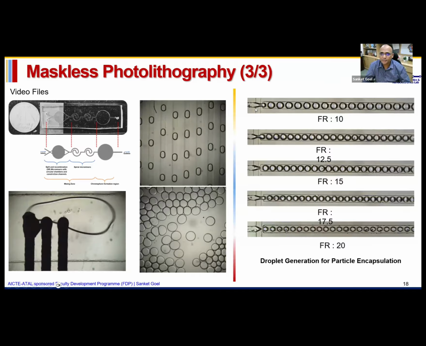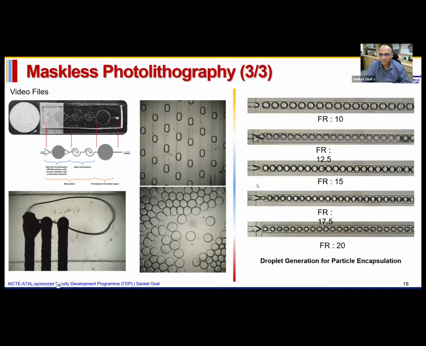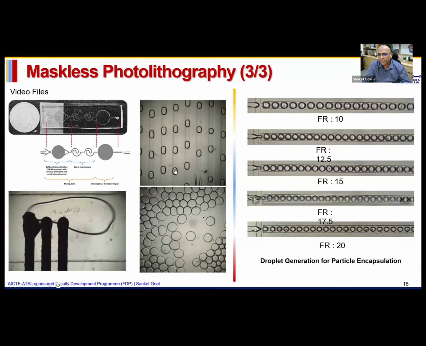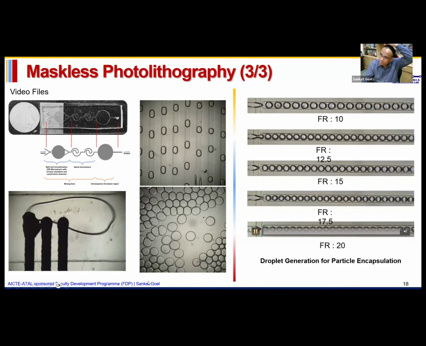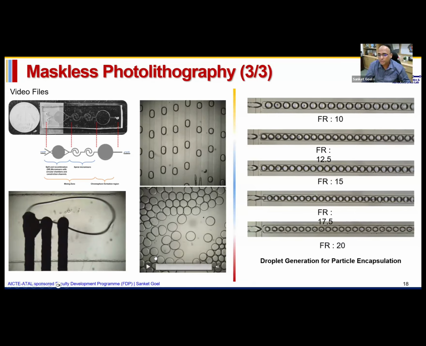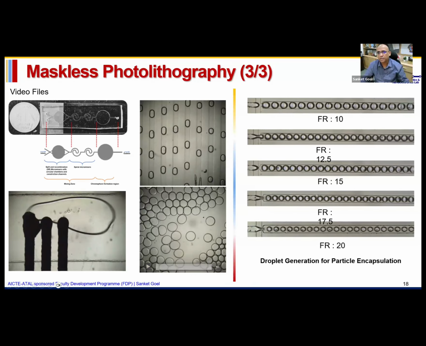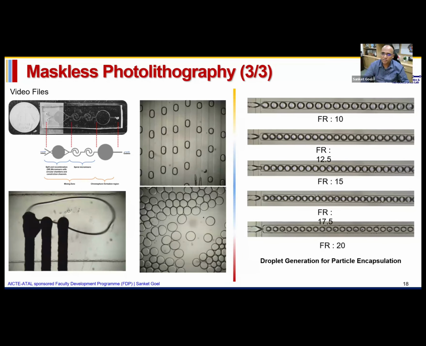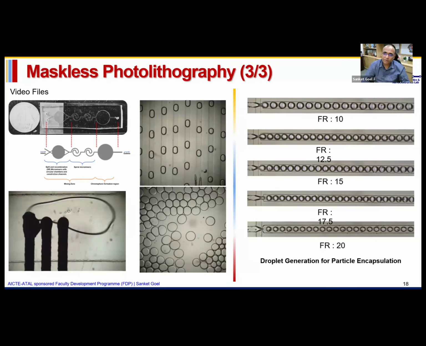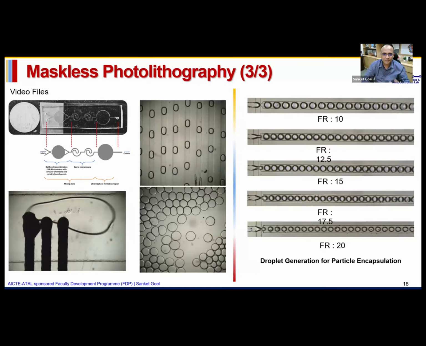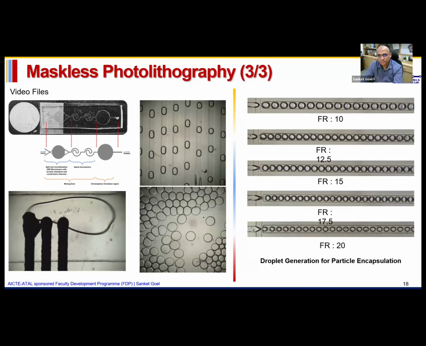After changing the device dynamics, shape and size, I can also change the size of my droplets. As you can see from this slide, you can generate droplets with different viscosity values, and you can also encapsulate different kinds of analytes into those droplets.